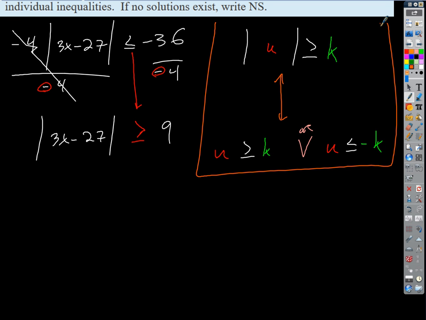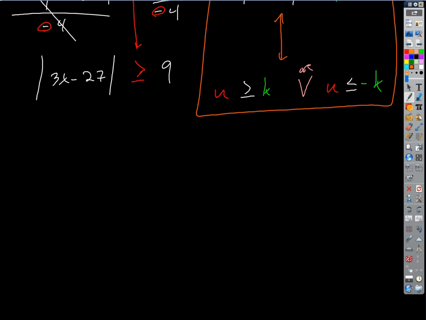So what does that look like for us over here? What's inside is u. So 3x minus 27 has to be what? Greater than or equal to 9.